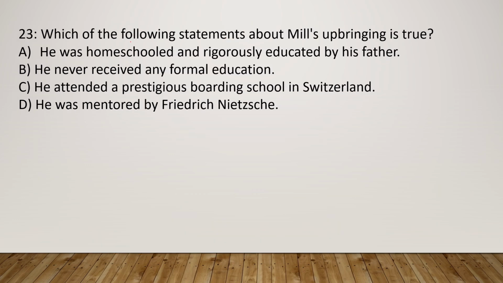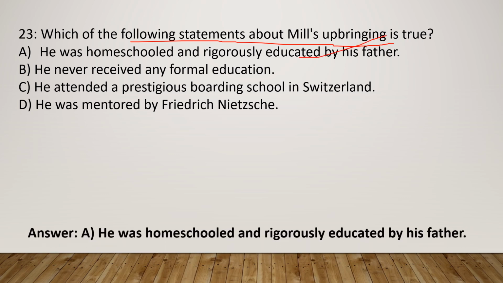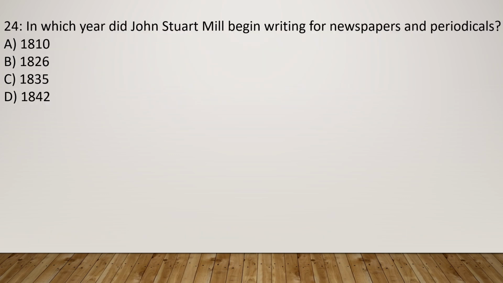Which of the following statements about Mill's upbringing is true? I think this question is also very easy and I have discussed this question many times. He was homeschooled and rigorously educated by his father. Option A. In which year did John Stuart Mill begin writing for newspapers and periodicals?